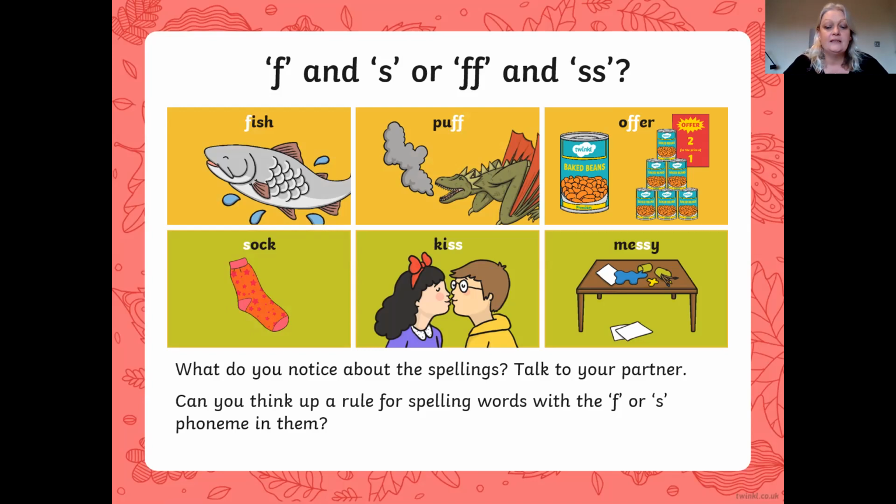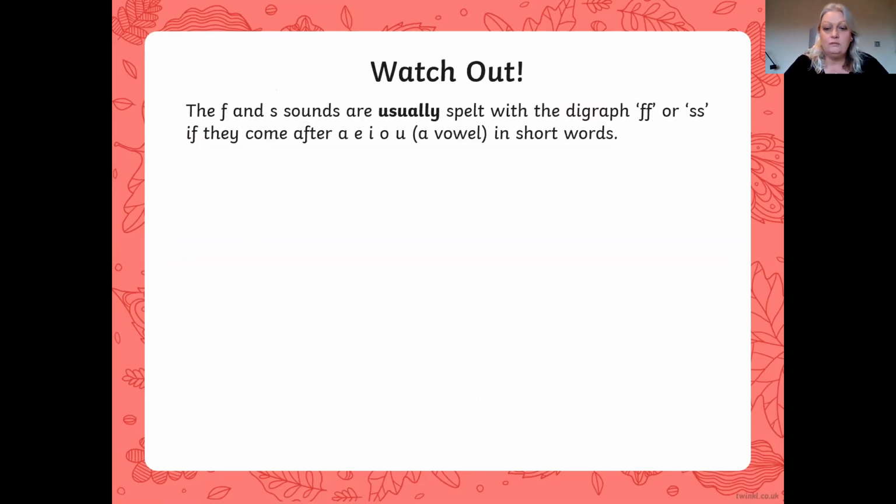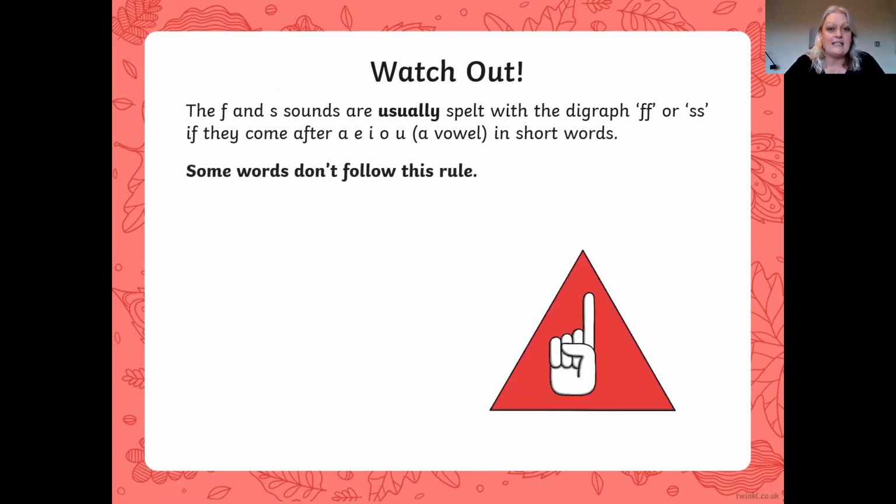So the rule is usually, not all the time, usually spelt with a digraph ff or ss if it comes after the vowel. However, as always in our language, there are exceptions where some words don't follow that rule.